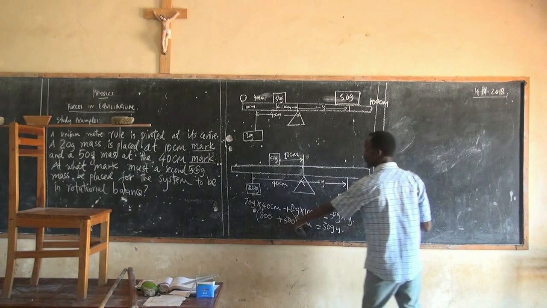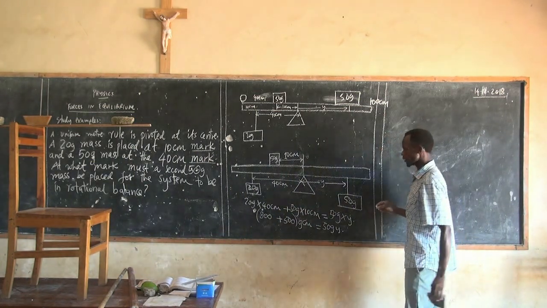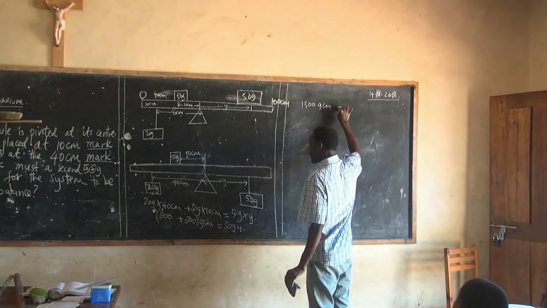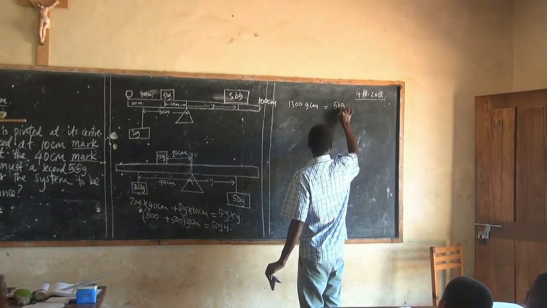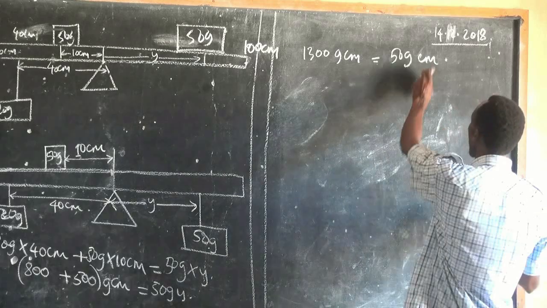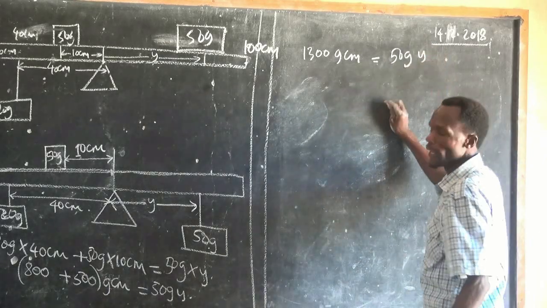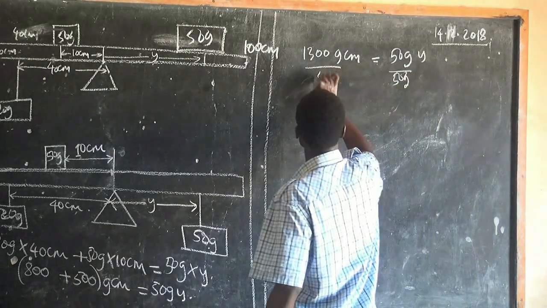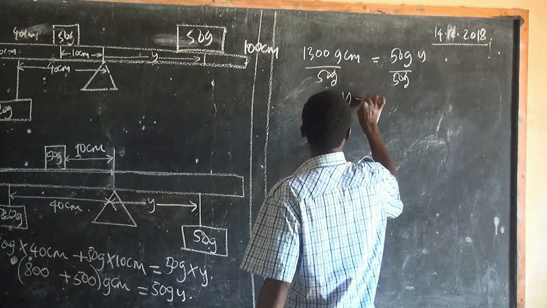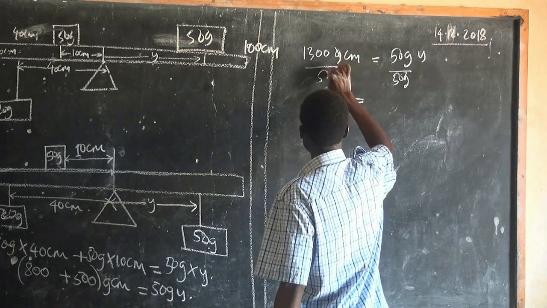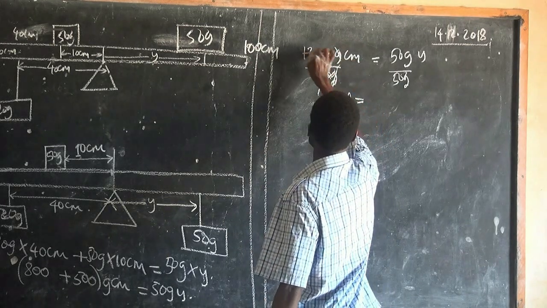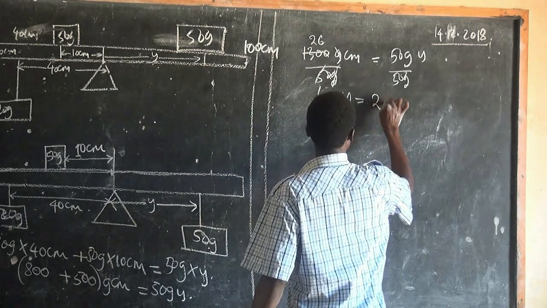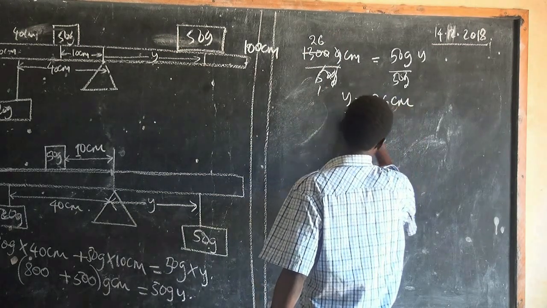So we have 1300 gram centimeter equal to 50 gram y. Now let us divide by 50 gram here. Now y is equal, this cancels by 0, 0; by 5, 1; by 5 here, it is 2, 6. Now y is equal to 26 centimeters.